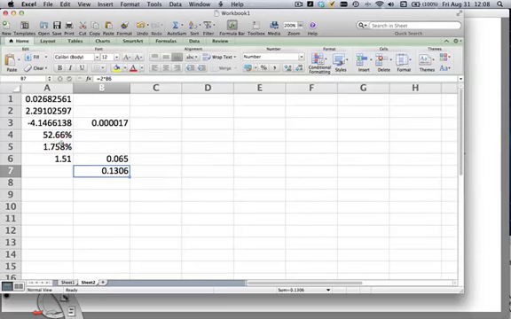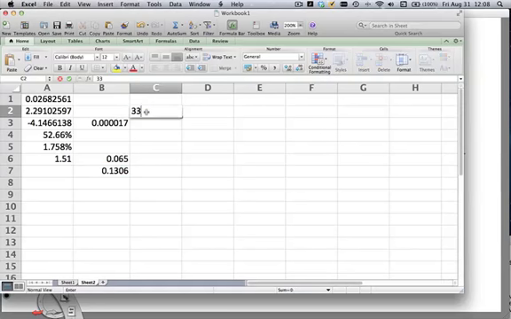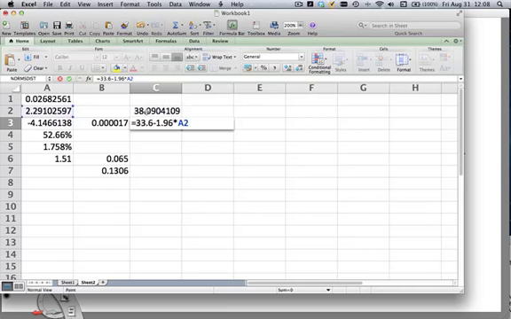I actually have the numbers typed in here. If we take 33.6 plus 1.96 times the standard error, we get the upper bound. Let's take 33.6 minus 1.96 times the standard error.